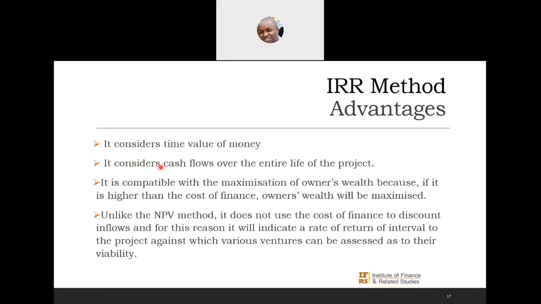Then the next one, it considers all cash flows in the entire project. Then it's consistent with the shareholders' wealth maximization goal. And it does not use cost of finance, unlike NPV, to discount projects.